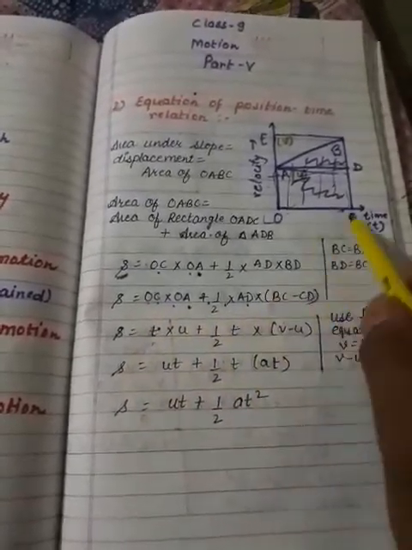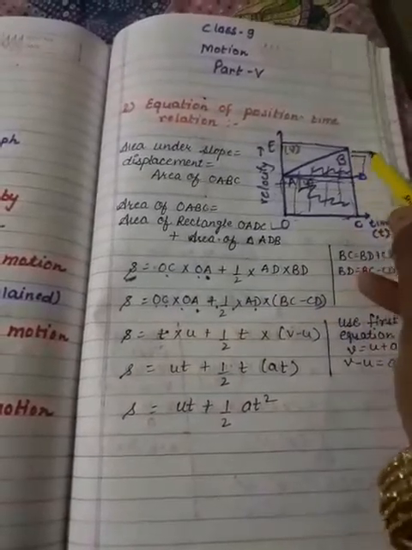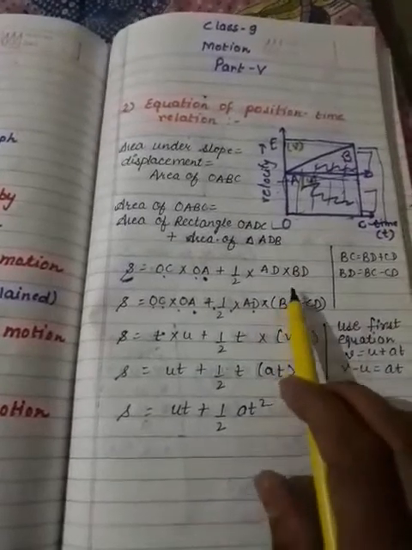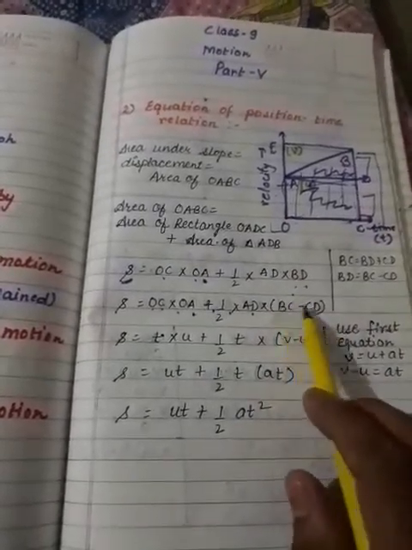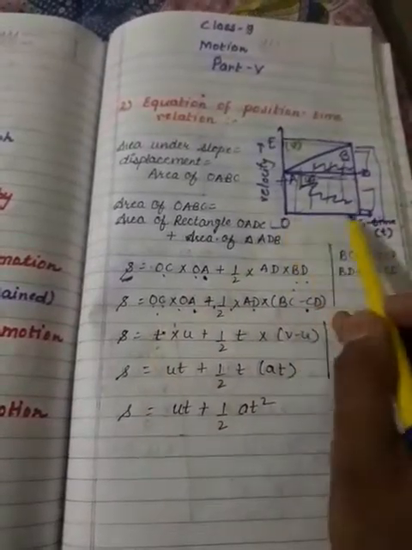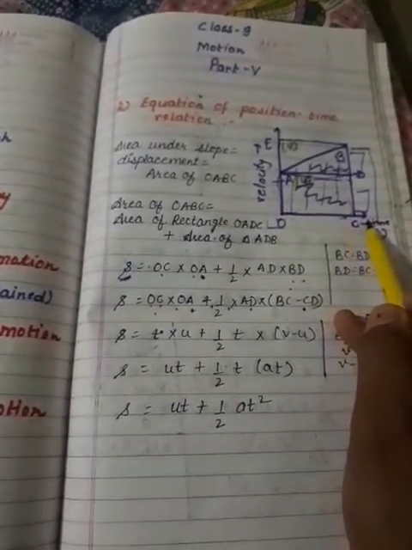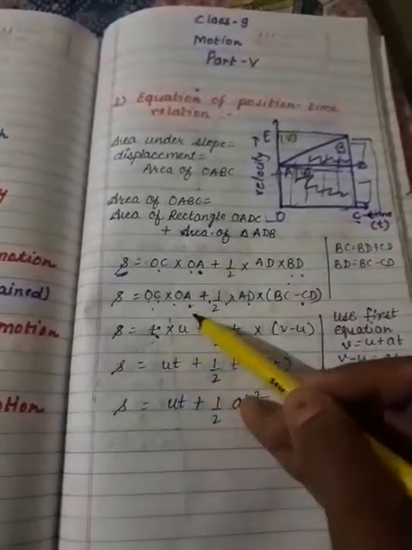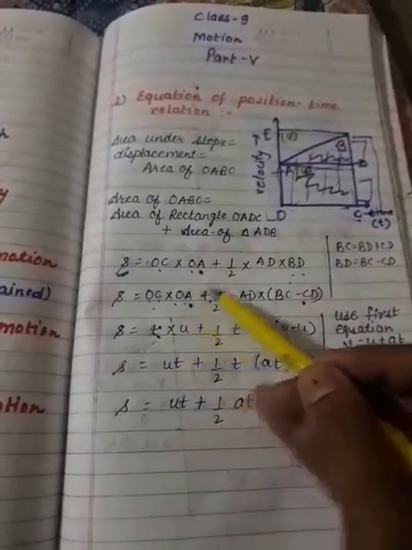Now what is BD? BC minus DC. So in place of BD we can write BC minus CD. OC is time, so we will write here t, multiplied by OA.